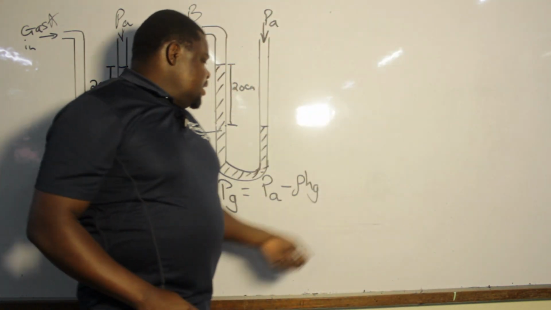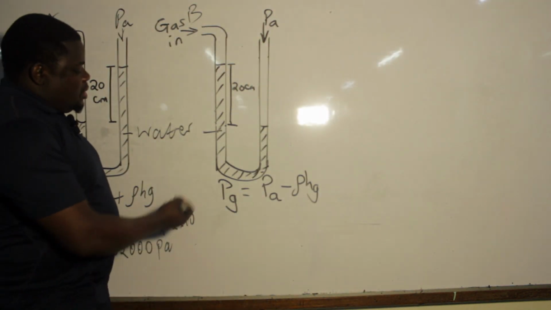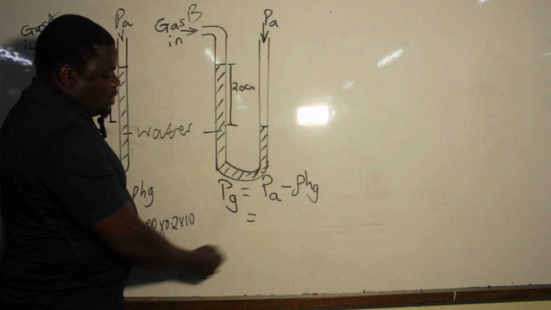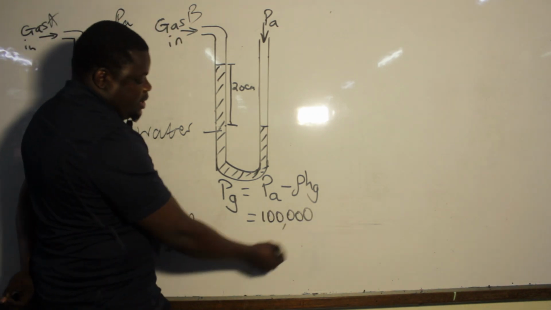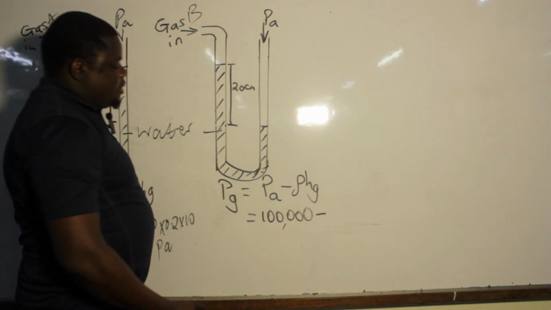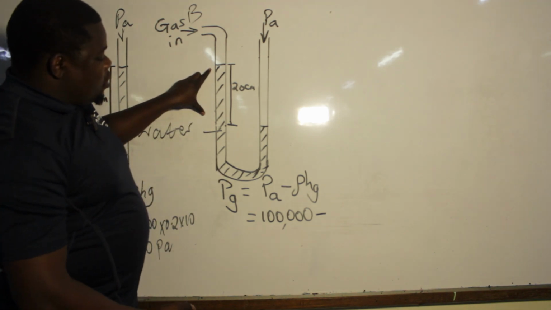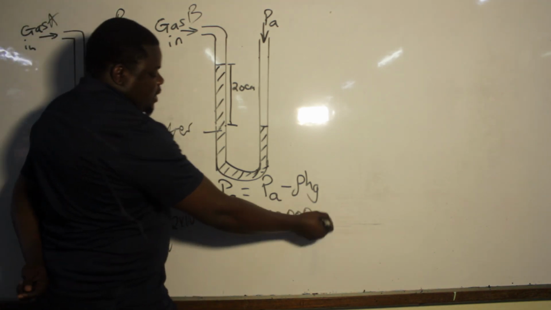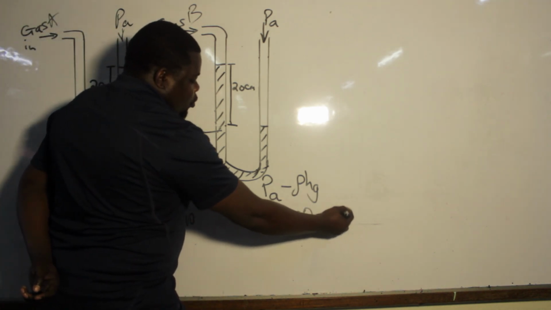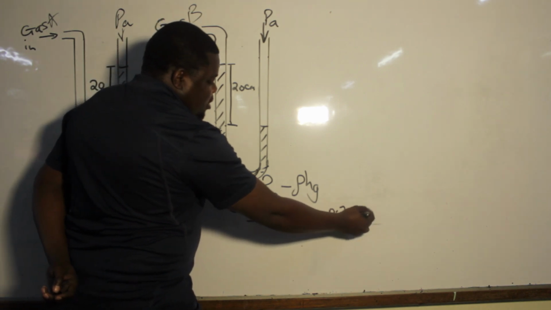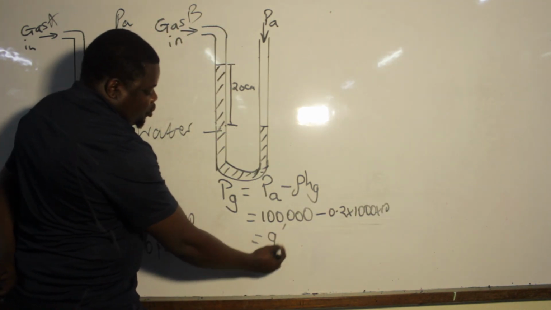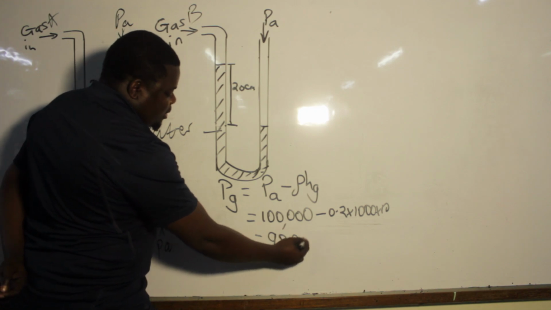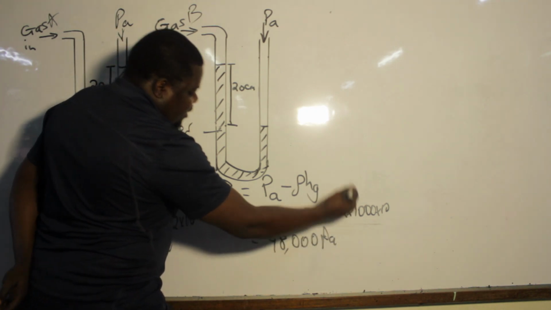Coming to this other side, the gas pressure will be atmospheric pressure, which is 100,000 pascals, minus the column height difference, which gives us 0.2 times density of water times 10, for a total of 98,000 pascals.